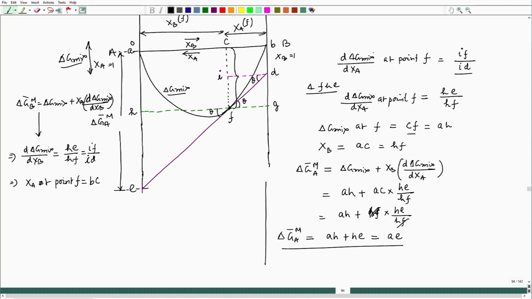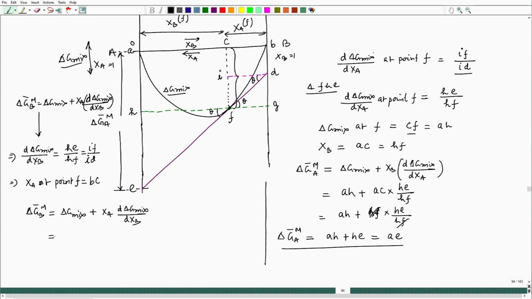So, now I could see that delta G B bar M should be equal to delta Gmix plus X A d delta Gmix dxb.